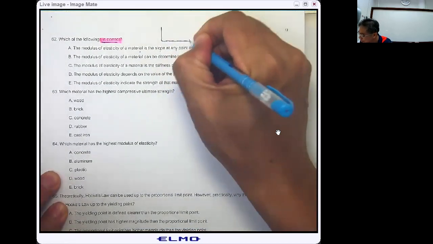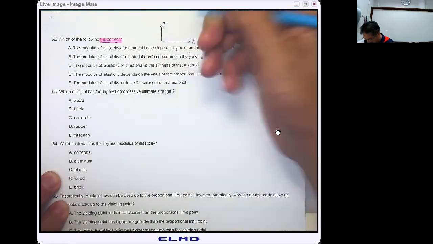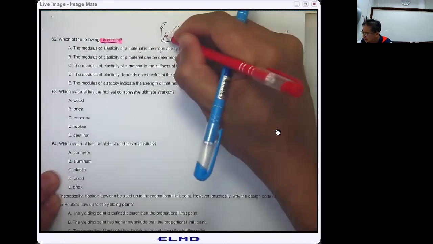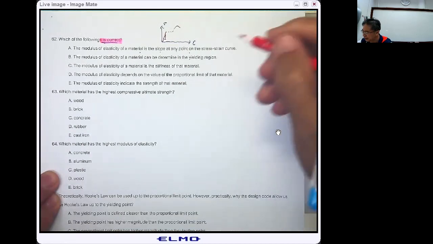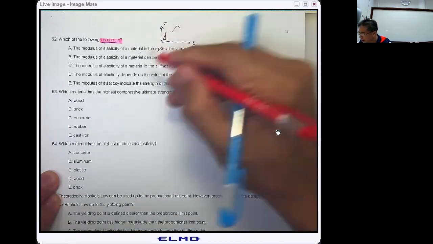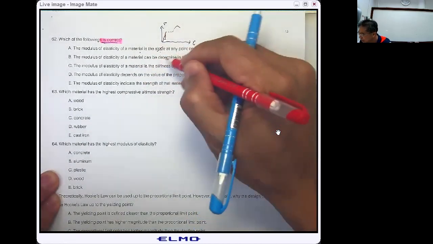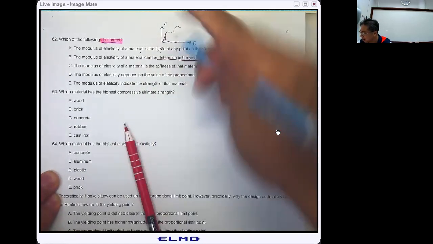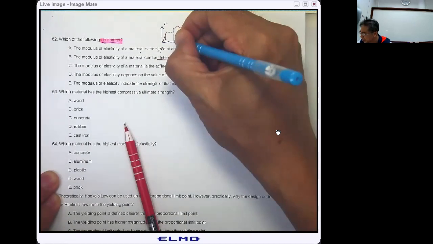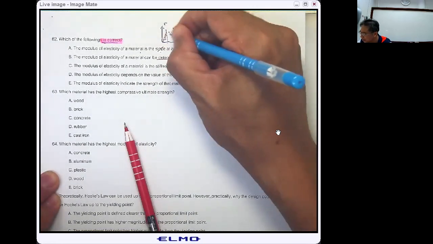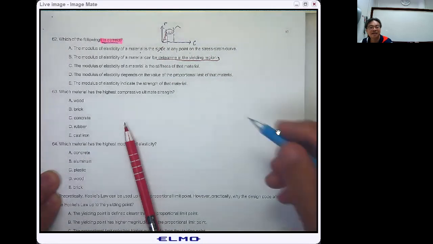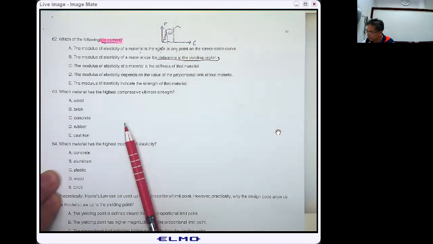No, it is going to be the slope only in this linear elastic region. This is not correct. The modulus of elasticity of a material can be determined in the yielding region. We cannot determine the modulus of elasticity in this region. Okay, and the modulus of elasticity of a material is the stiffness. It shows the stiffness for sure.